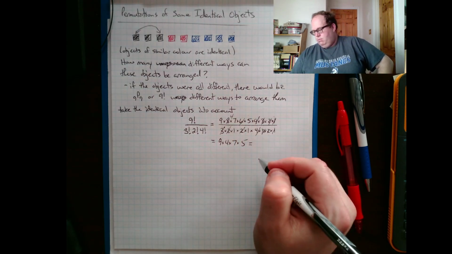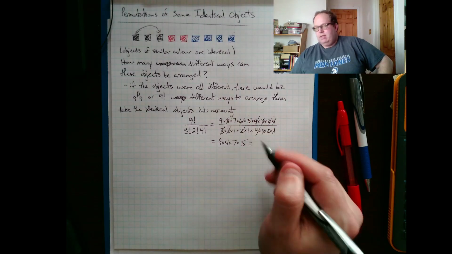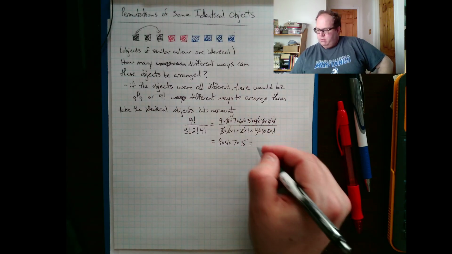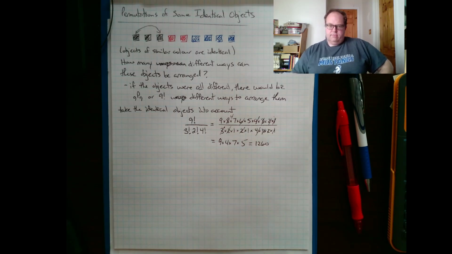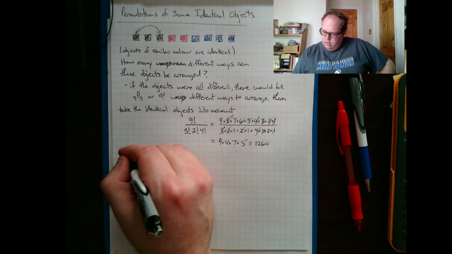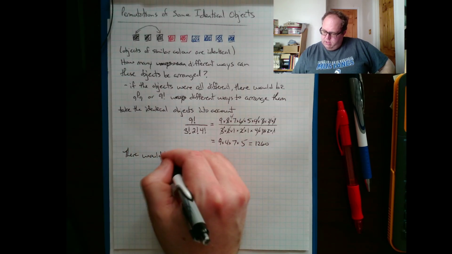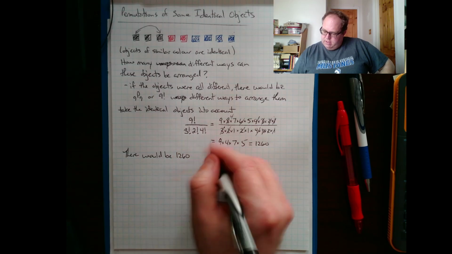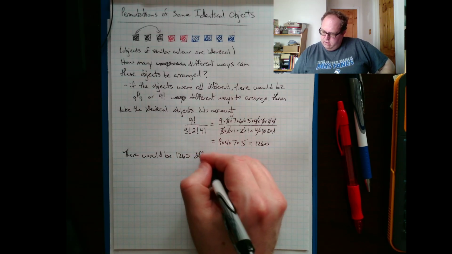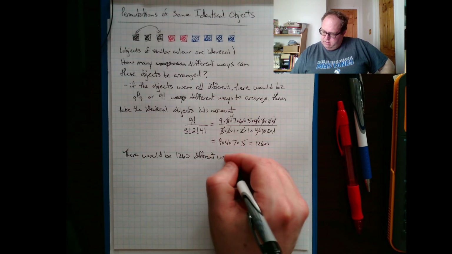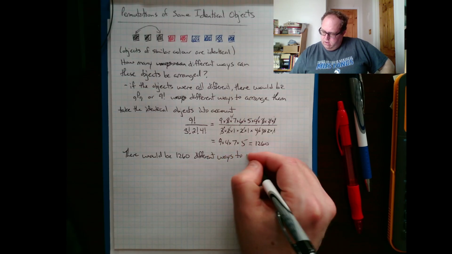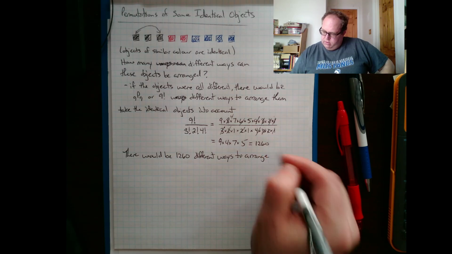Or 20 times 63 is 1260. There would be 1260 different ways to arrange these objects.